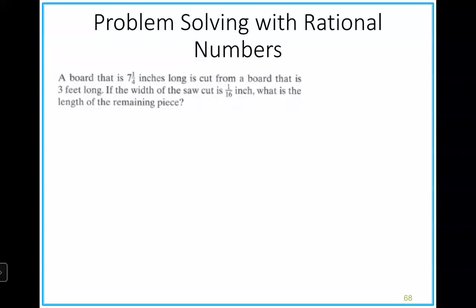So we want to just look at this question here, which says a board that is 7 1/4 inches long is cut from a board that is 3 feet long. If the width of the saw cut is 1/16 inch, what is the length of the remaining piece?